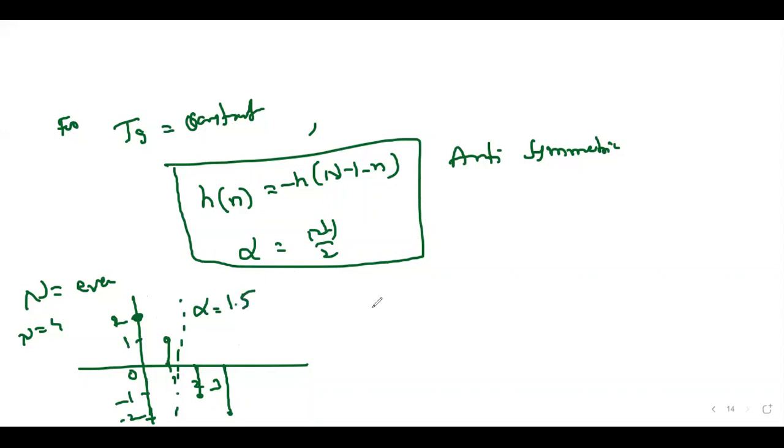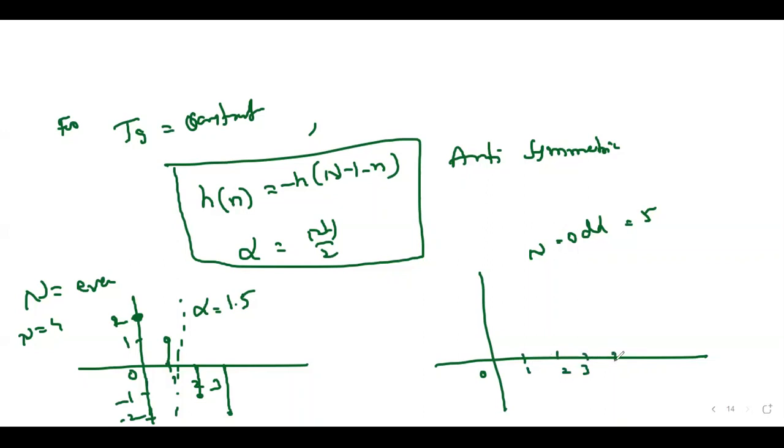That means 1.5. And for n is equal to odd, for example, if you take 5 samples, so h of n is having 5 samples, 0, 1, 2, 3, 4.